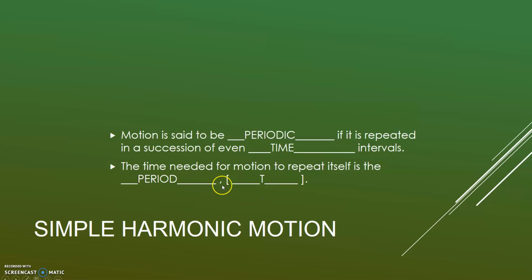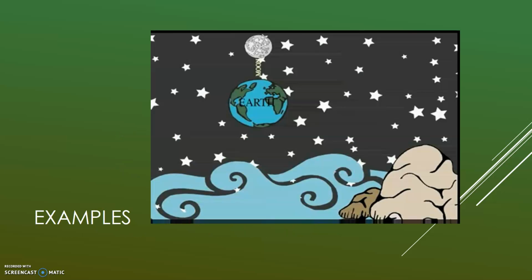The letter T is used because period is a unit of time. So it's the time it takes, and it's measured in seconds. So we always calculate the period of an object in seconds. So let's watch an example of periodic motion.